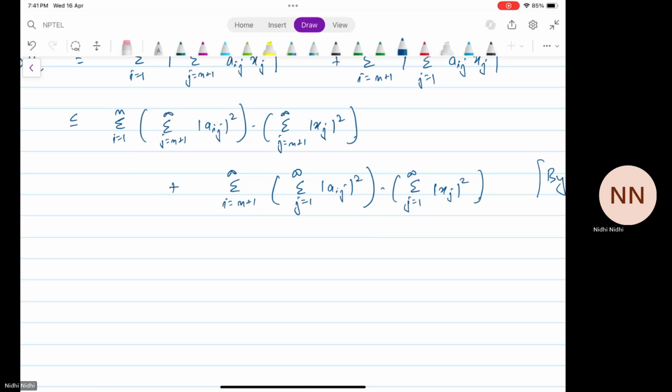And now this term is less than or equal to L2 norm of x square, and clearly it is independent of i.